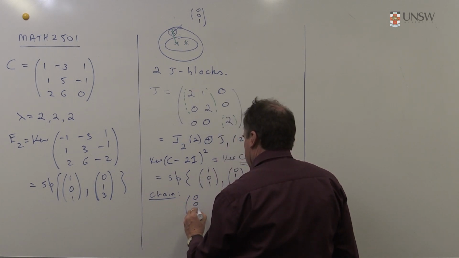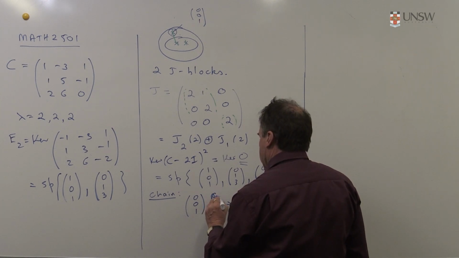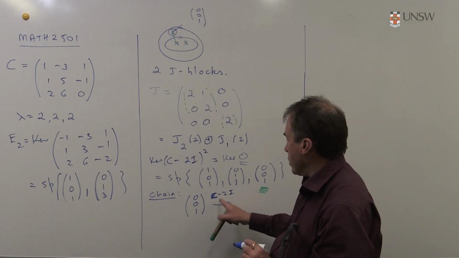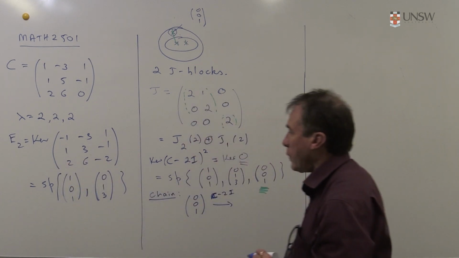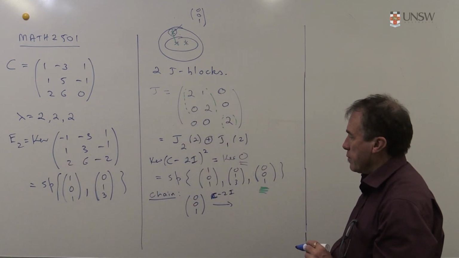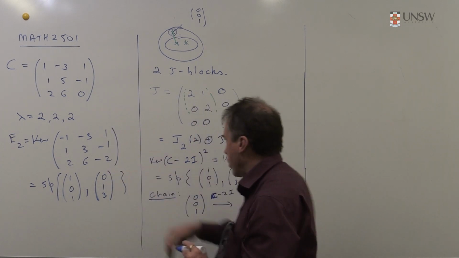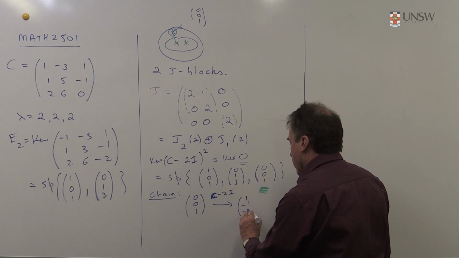So I get 0, 0, 1, and I multiply by C minus 2I. Be careful with that one. So C minus 2I is going to be this matrix here, because that's where I got that from. So multiplying by that is simply going to pull off the last column of this matrix.